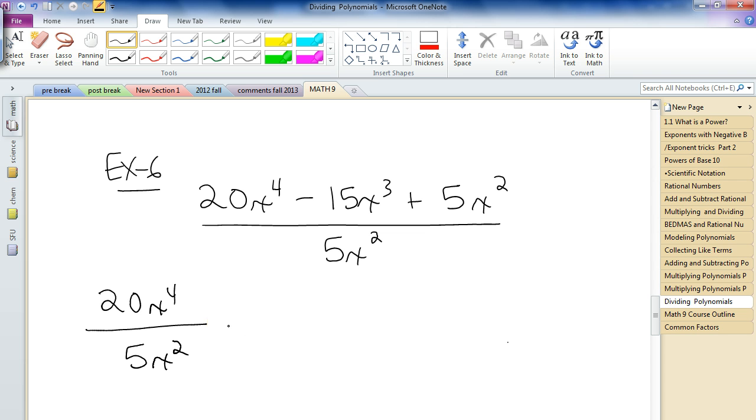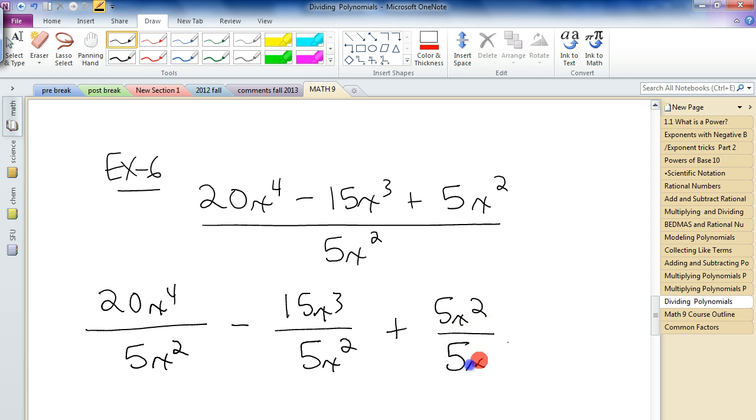I don't really care what you do. Let's just, for showing it that it's different than the other one, put a minus sign there, and then just bring down the 15x to the 3 over 5x squared, and then plus 5x squared divided by 5x squared.